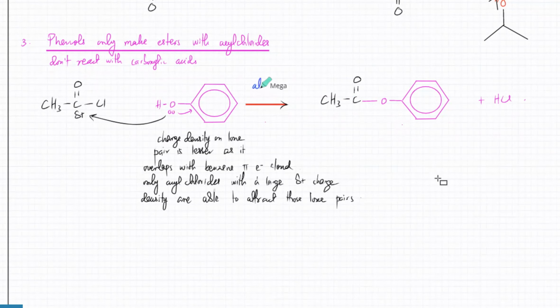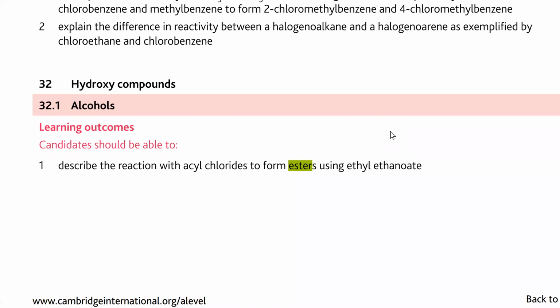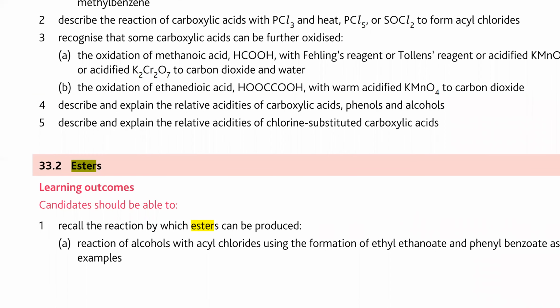So alkaline conditions are used, but the reaction would be fast enough. Now we're going to go through the syllabus to double check. Acyl chlorides, esters, let me quickly go through. There's a lot of mention of esters. Reaction of alcohols, we did that.